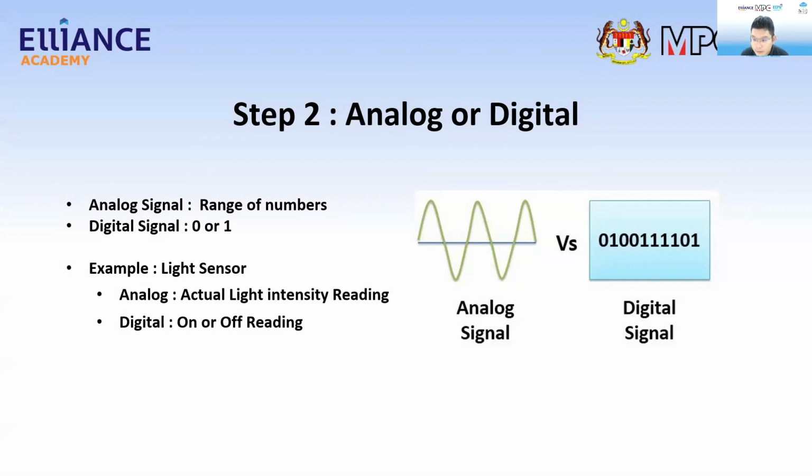I received a question from Maksumi: can the existing sensors be connected to the temperature sensor from the machine? Kalau you ada sensor, you nak tengok operating voltage dia, dan juga itu sensor analog atau digital.